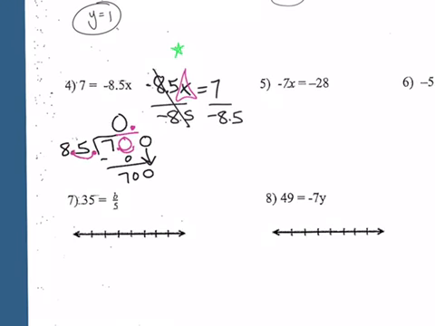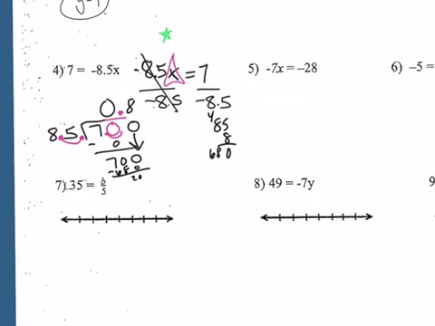So about how many times could 85 go into 700? So 85 times 8, 680. That'll work. So I can put 0.8 and get 680. I'll have 20 left over, and I'm just going to stop there.